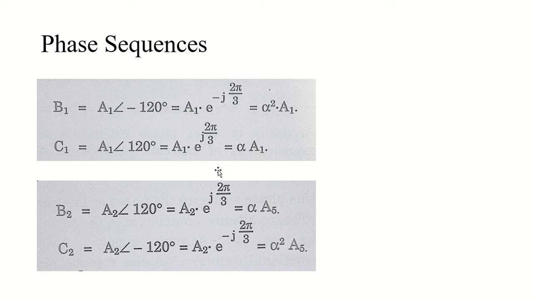And this sequence will arise under unbalanced condition whenever an unsymmetrical fault is occurring. So if an unsymmetrical fault is occurring, then your unbalanced conditions will be there, so you will be having negative phase sequence, right?